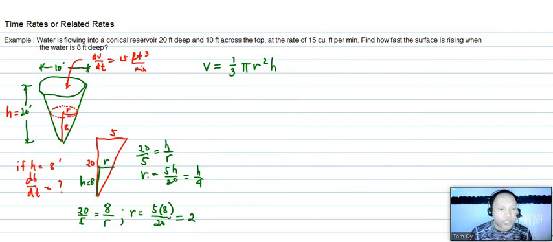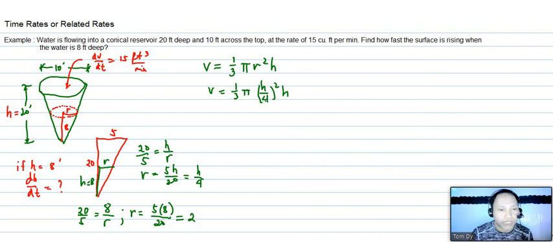This time, we will substitute the value of r as h over 4 into the equation. So we have V equals 1/3 pi times h over 4 raised to 2 times h.